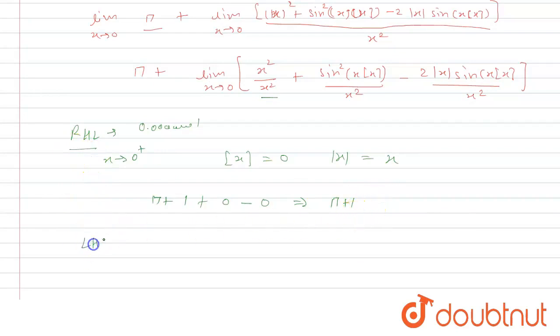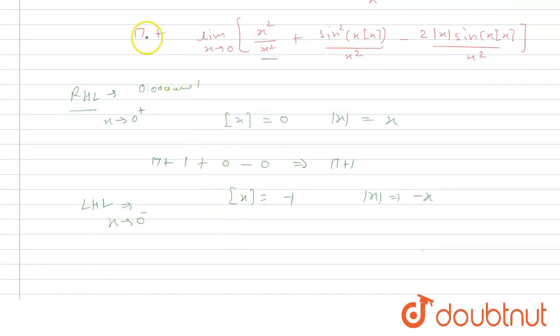Now let's find the left hand limit. The left hand limit is x tends to 0 minus. So the greatest integer of x will be minus 1 and |x| will be minus x. So this is pi, and x^2 upon x^2 is 1.